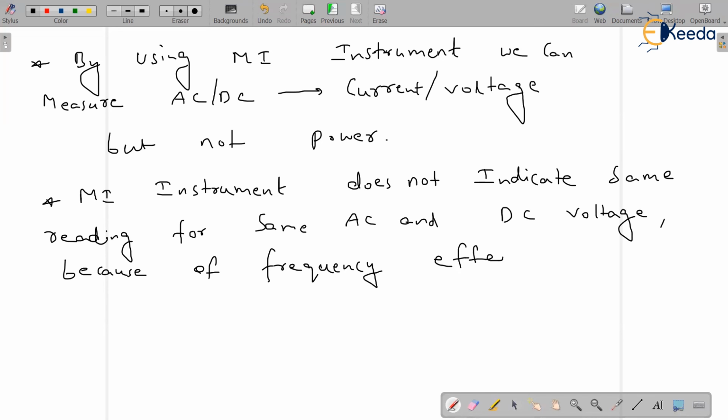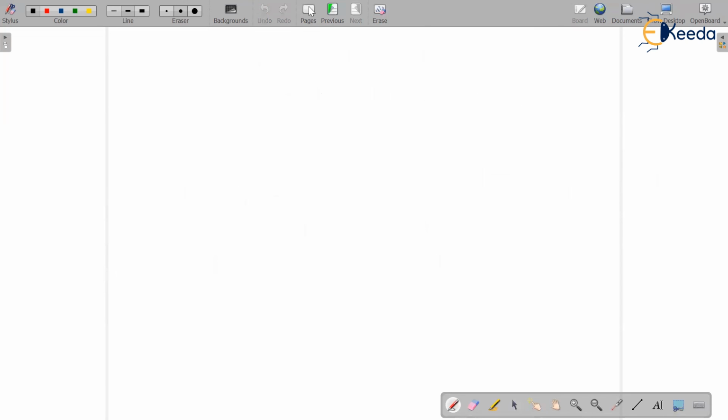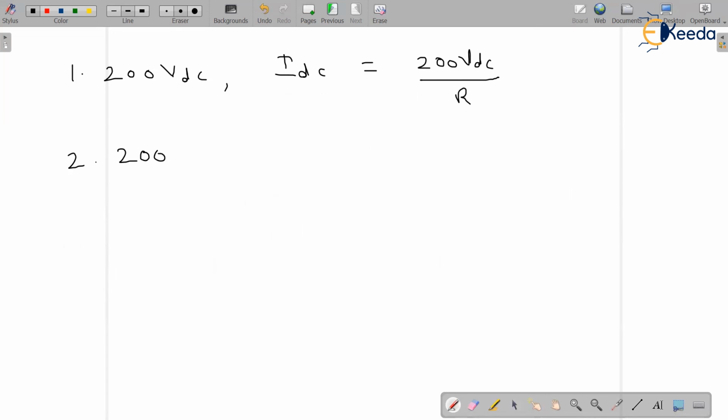The next, 200 volts VDC. IDC is equal to 200 volts VDC by R. The next, 200 volts VAC.